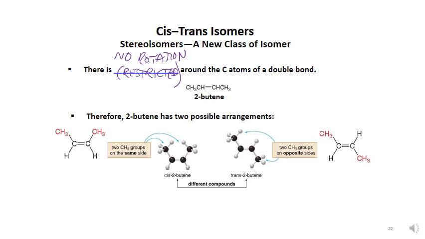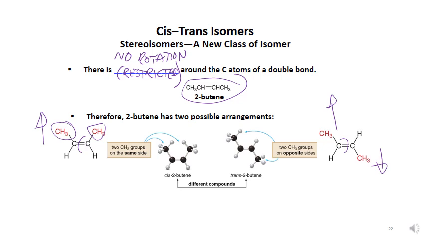As a result, 2-butene can be written with two different conformations. One is with the methyl groups both sort of pointing up, and one is with one of the methyl groups pointing up and the other one pointing down, because you cannot freely rotate around the carbon-carbon double bond.